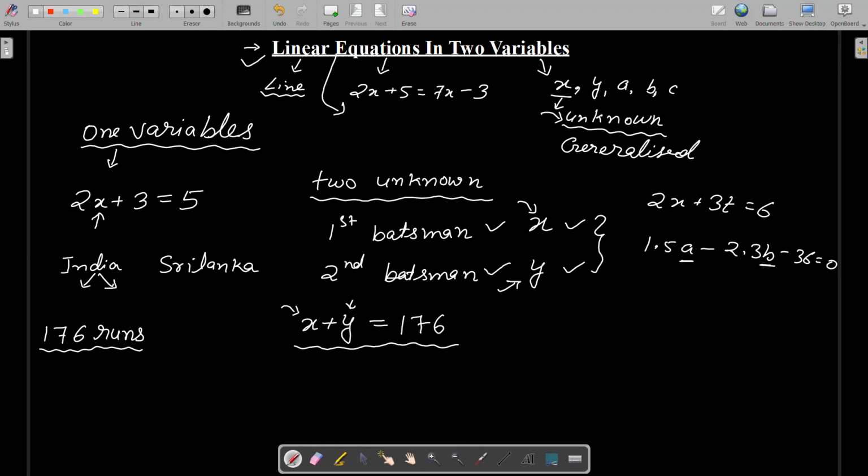Now let us proceed with the next part. Whenever we have something, we always try to write it in standard form.